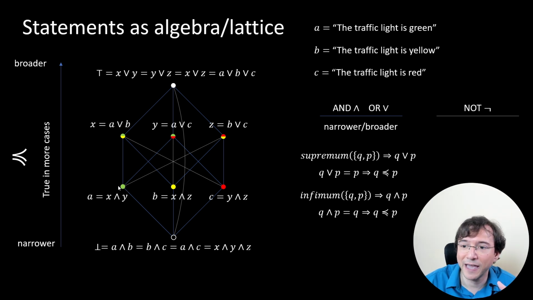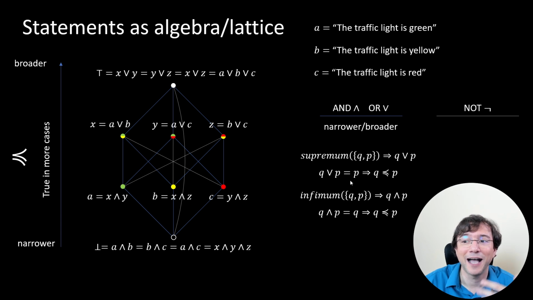So for example, if I pick these two statements here, this is broader than both of these, and this is also broader than both of them because it's broader than this. So if I take the set of all the statements that are broader than these two, I have these two statements. And now I take the narrowest, which is going to be this, and this is exactly the OR, the disjunction of these two statements. And so if I give you the order theoretic structure, you can get the algebraic structure. And you can also do the opposite thing.